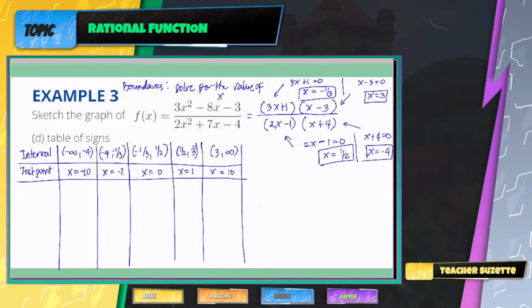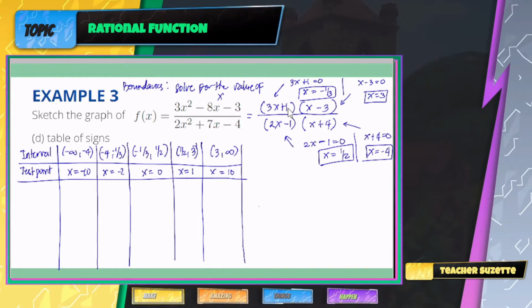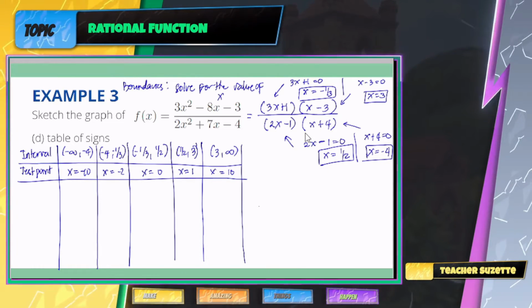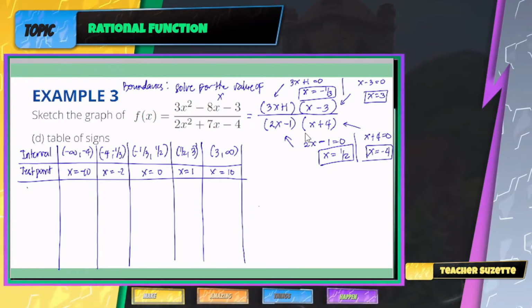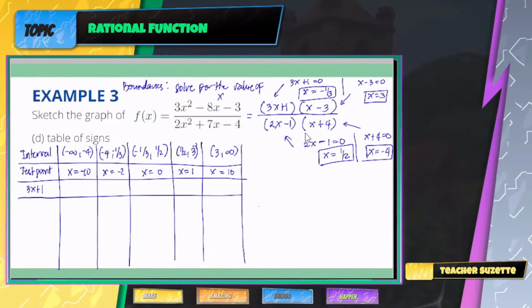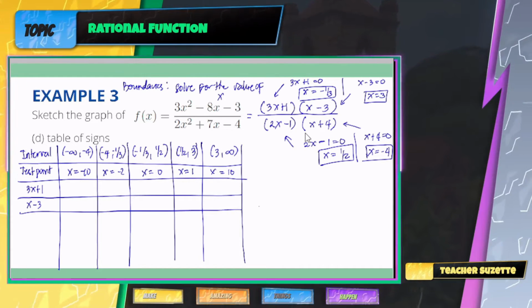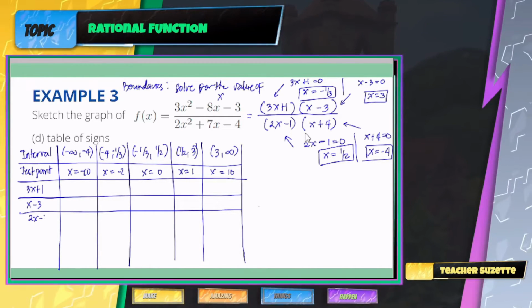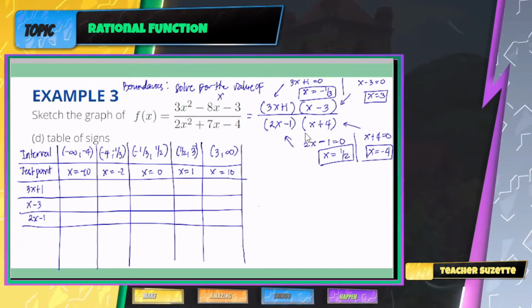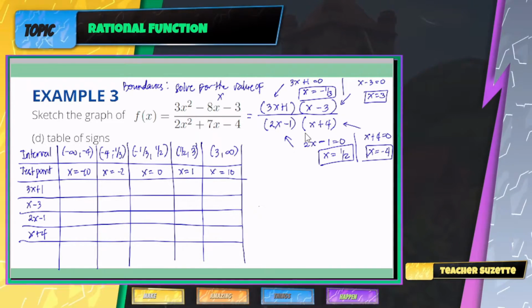Dun po sa ating mga factors kanina ng ating numerator and denominator. So, first muna yung nasa numerator natin, 3x plus 1. Then, yung next factor niya, x minus 3. Then, you have 2x minus 1. Lastly is x plus 4. Ayan. Listed na yung mga factors.